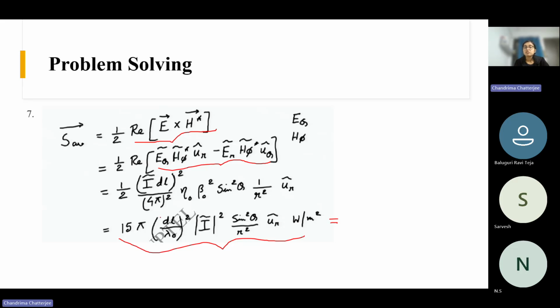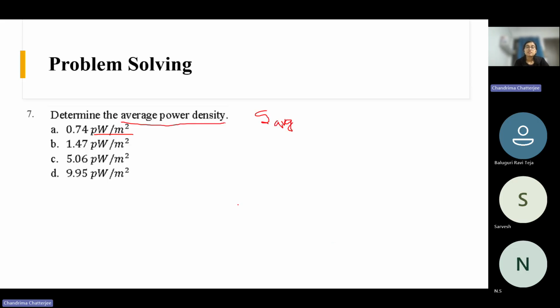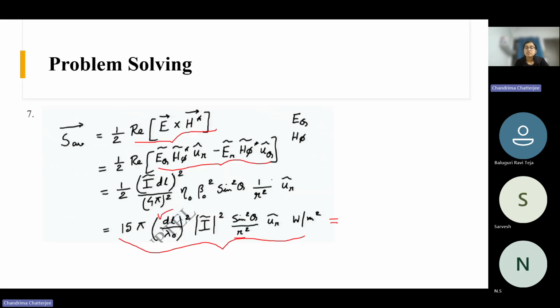See, dl we know here, lambda naught we can calculate, I is given, theta is given, R is also given. So this is very easy. We will have to take the data from the previous question. I was 3 ampere, theta was 45 degree, R was 2000 meter.